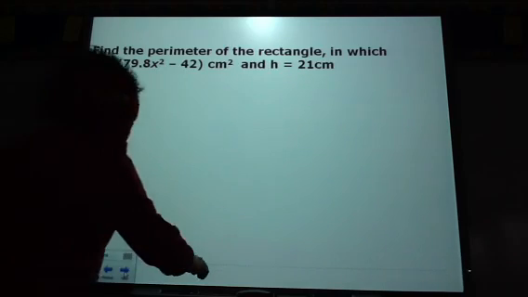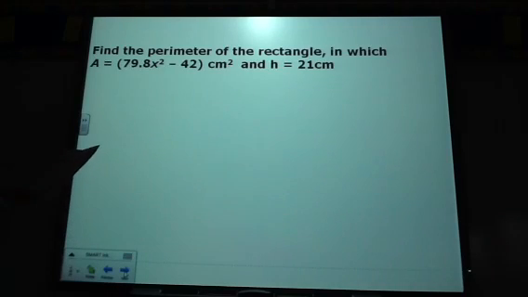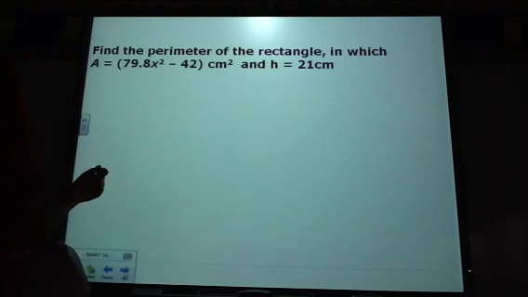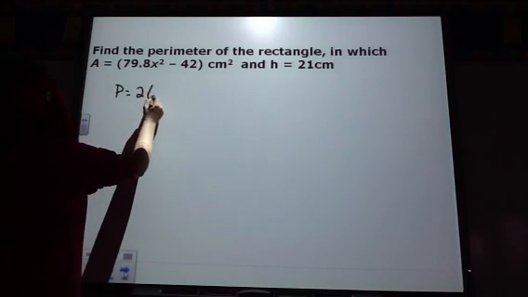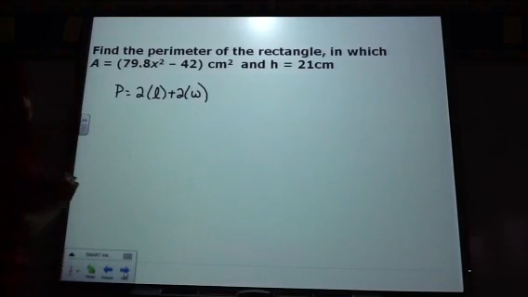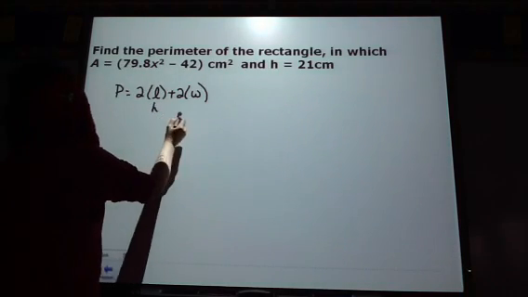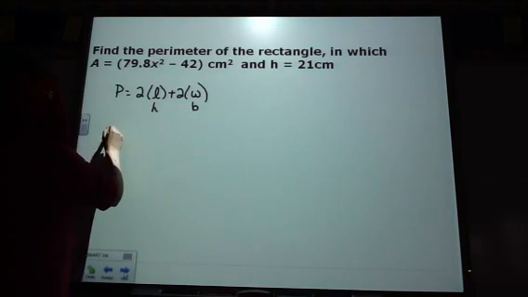Okay, now we need to find the perimeter of a rectangle in which the area is given and the height is given. Okay, so perimeter formula is where you take 2 times the length plus 2 times the width. All right, this could be the height and the base instead of length and width, and the height is given.